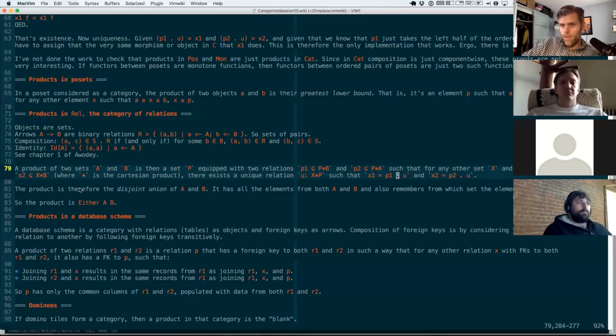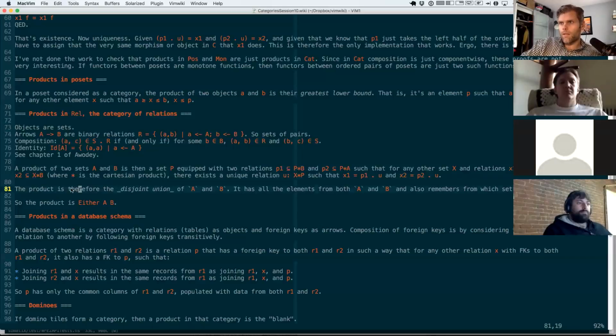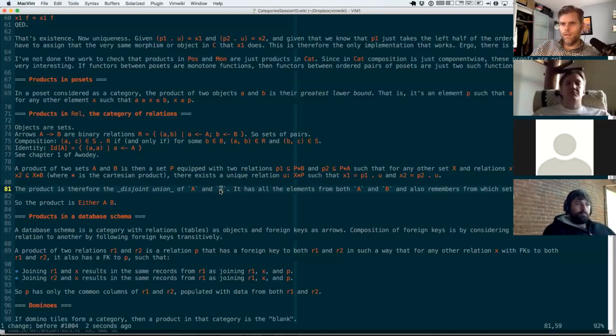So what it turns out is that the product is the disjoint union of A and B. The elements of the disjoint union are all the elements from A and all the elements from B, remembering whether each element is from A or B. So it's the same as the Haskell Either type. It's either A or B, and it has a tag that says whether it came from the left or the right.